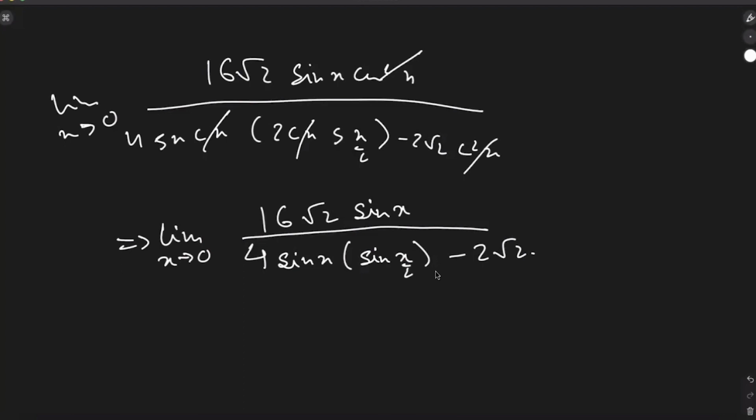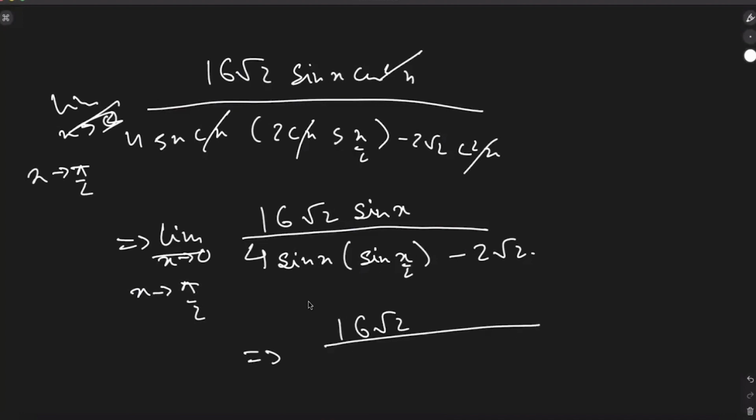So now if you put the value for x, what are you going to be left with? No, x was not equal to 0. I'm so sorry. X was tending to pi by 2 this whole time. So x tends to pi by 2.